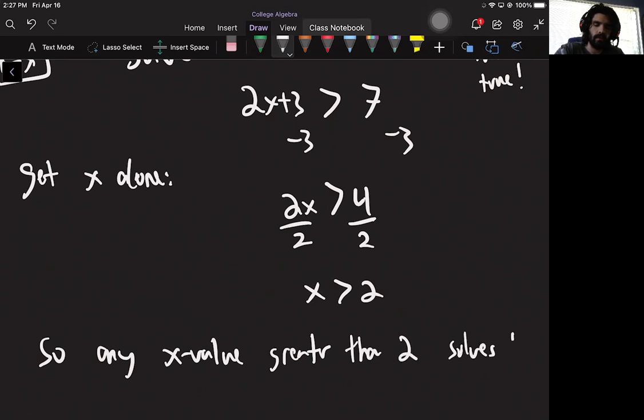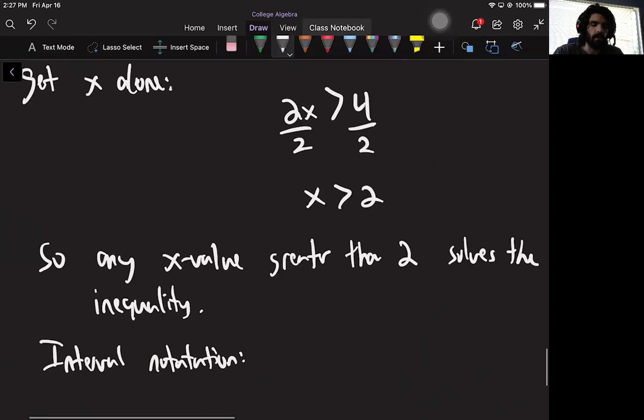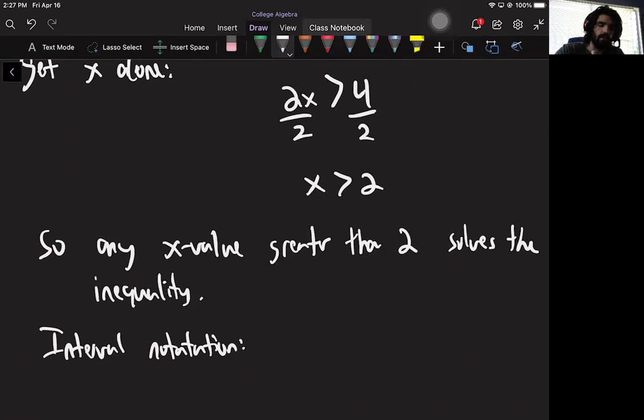solves the inequality. But we get tired of writing that sentence every time. So what we do is we use interval notation to say that all at once. That's the point of interval notation. So we just say the lowest number is 2, and any number bigger than that, so I can go all the way towards infinity, works just fine.